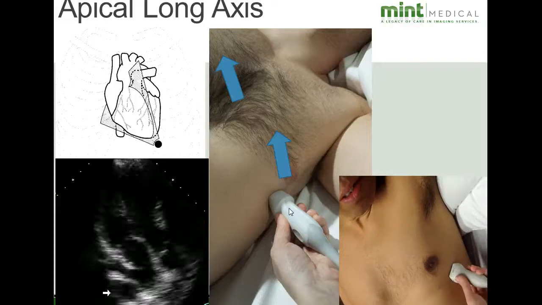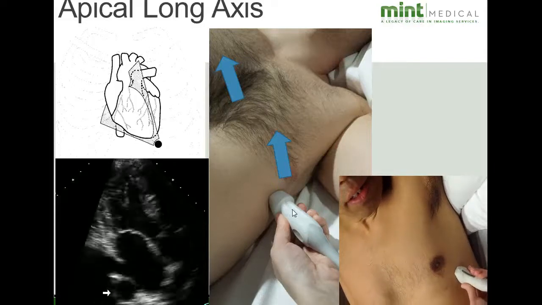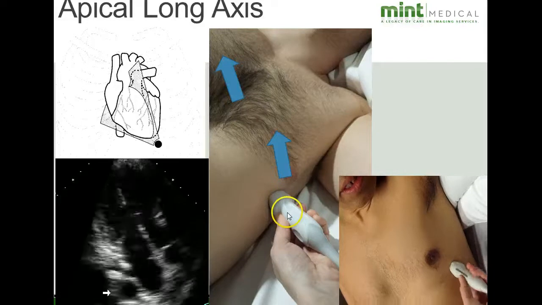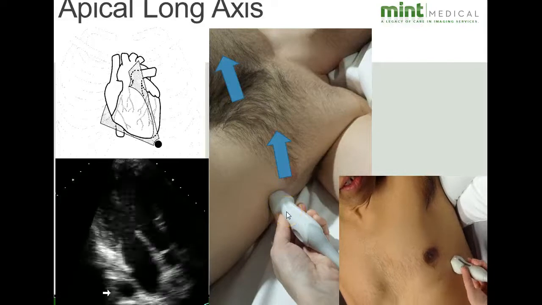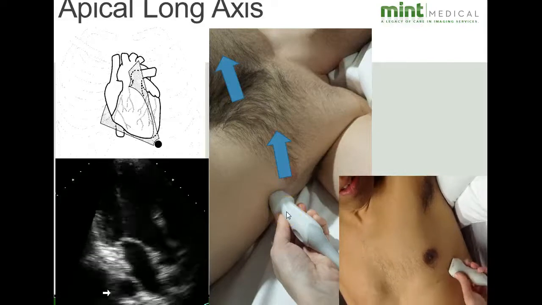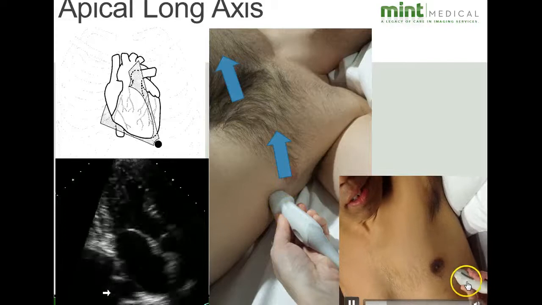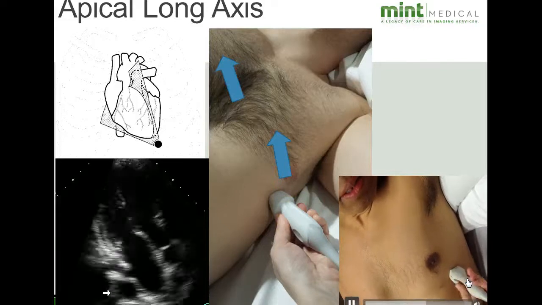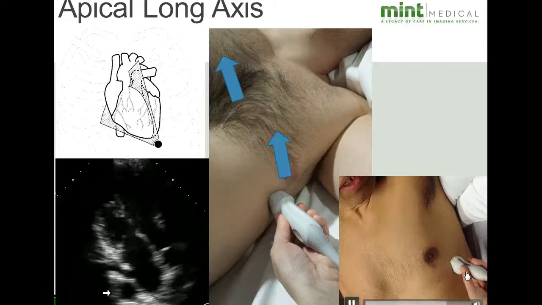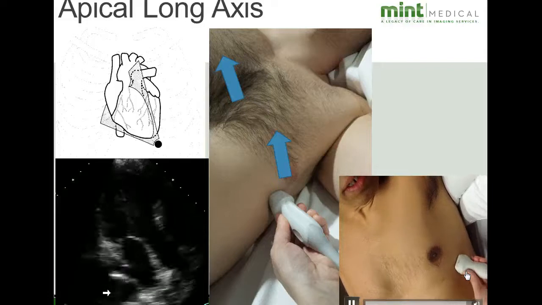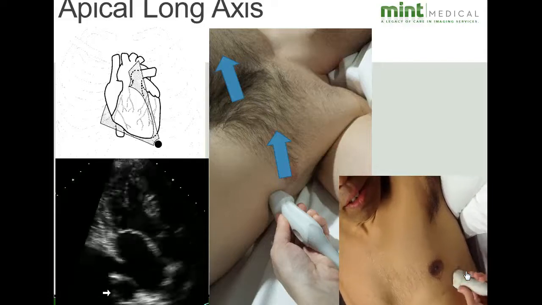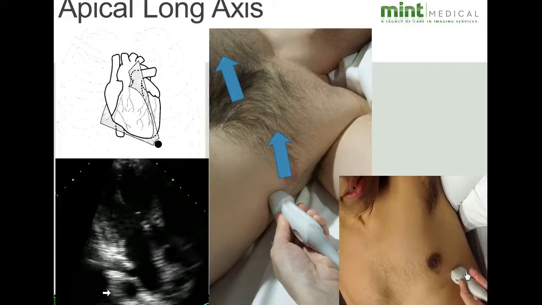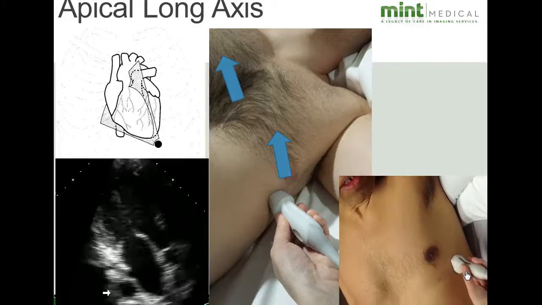So once again, you're going to take another half a turn, another 90-degree angle, back to the apical 3-chamber or apical long axis picture. So this is a 4-chamber, this is a 2-chamber, another half a turn is a 3-chamber. Back to a 2-chamber, back to a 4-chamber. So once again, rotating a half a turn backwards, another half a turn again, that's the 3-chamber.